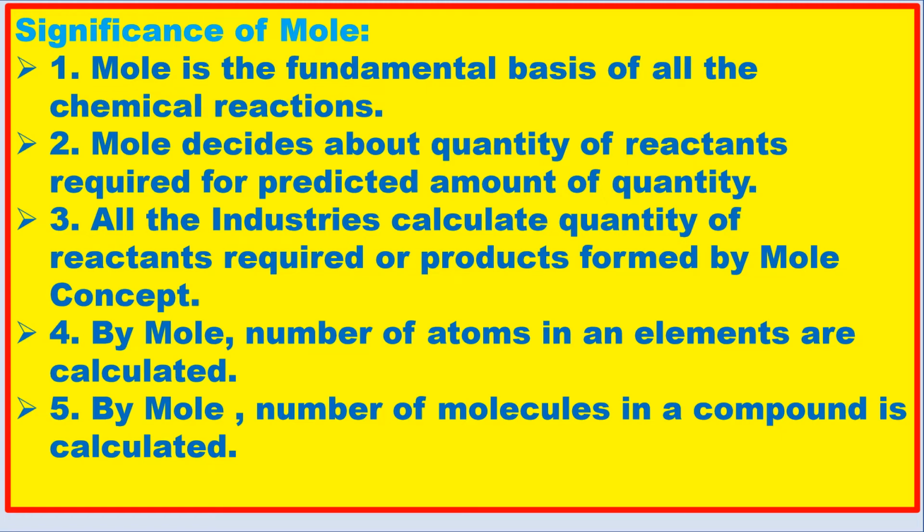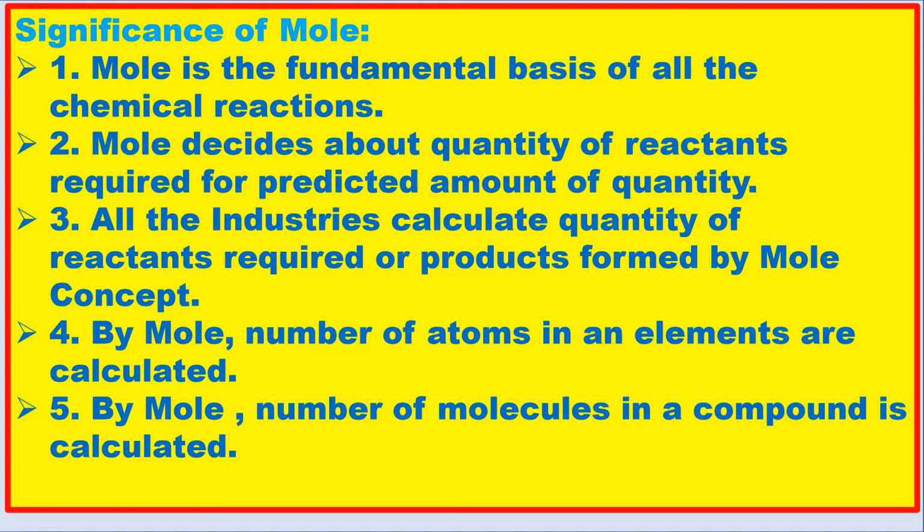Suppose we are writing a reaction, the stoichiometry tells us that whatever the left hand side expression is, it gives the number of moles. So in a balanced reaction, what is the proportion of the number of moles? In the same way, the number of moles of the reactant and product will be there.